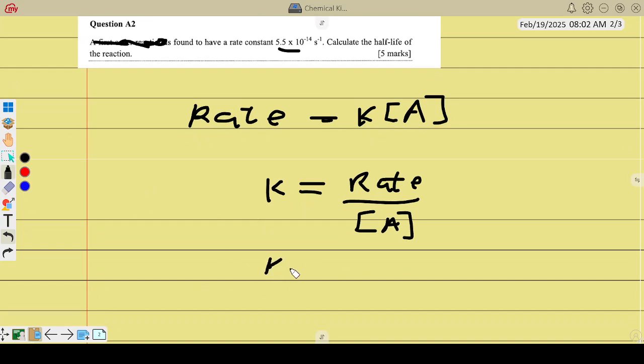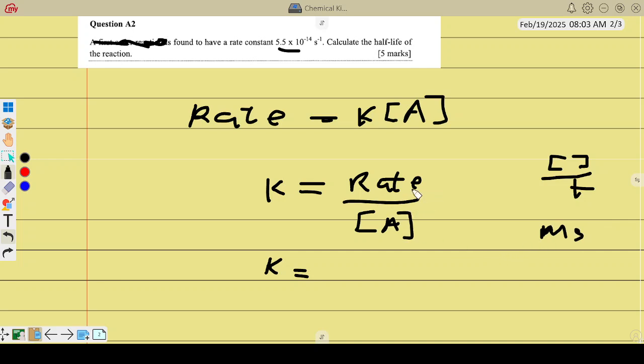So k is equal to, what are the units for rate? Remember, rate is the change in concentration with respect to time. So what are the units for concentration? It's molar, and for time, it's seconds.